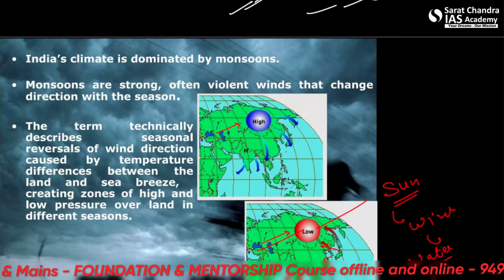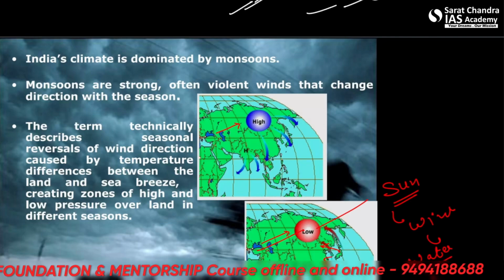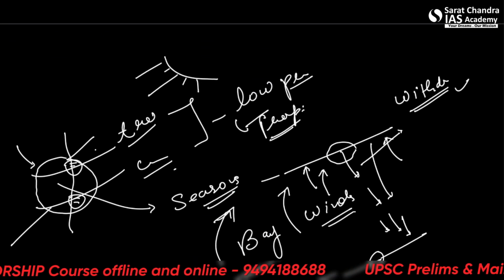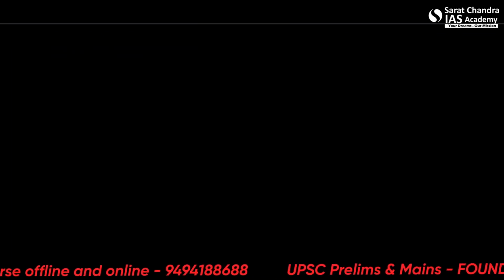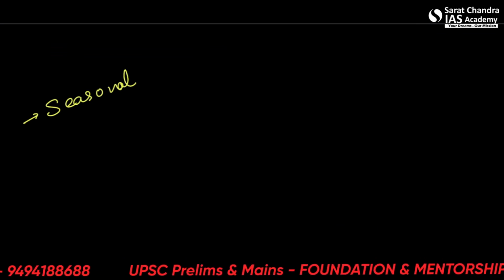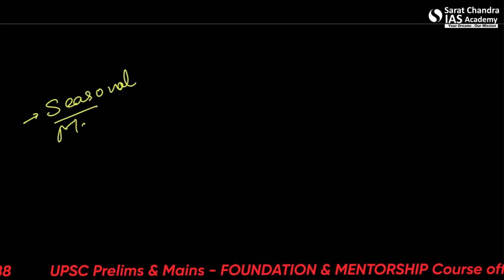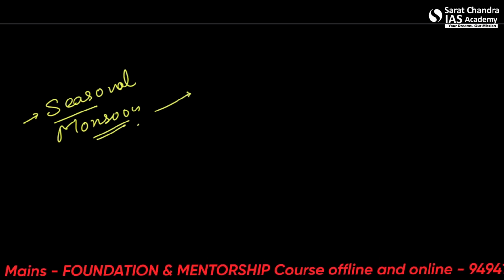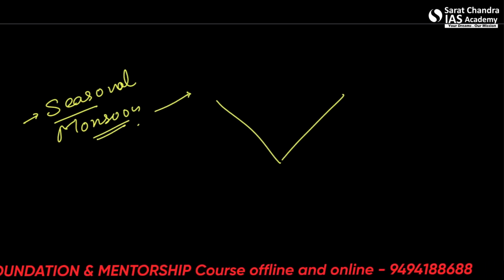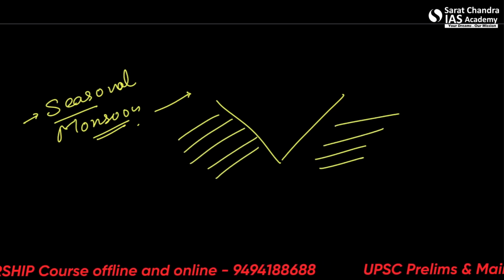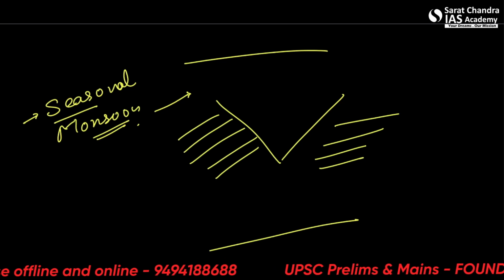So any of the countries which would want a seasonal monsoon, there should be some prerequisite conditions for this: presence of various large water bodies, and the presence of such countries between the tropical zones.